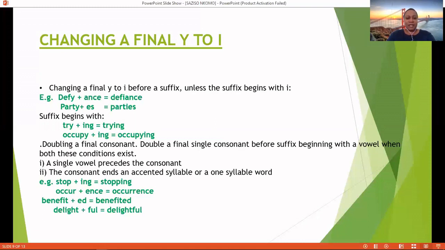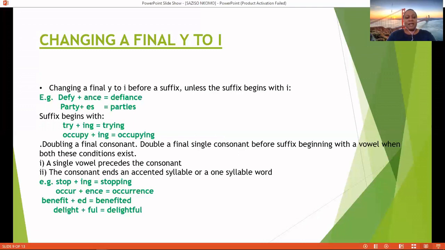Then we will change that one to defiance, because our suffix begins with A. And party, the Y will fall off because our suffix begins with E. Then it will be parties. When the suffix begins with I, then we are not going to drop our Y. Like in trying, occupying. Those are our examples there.